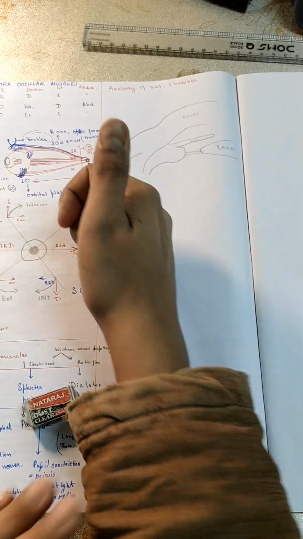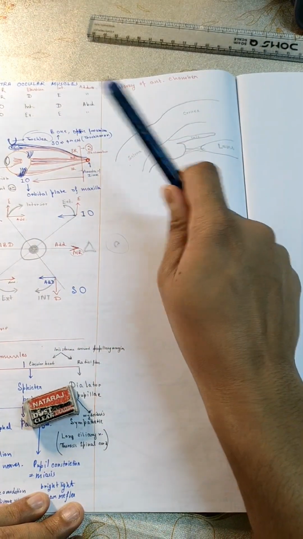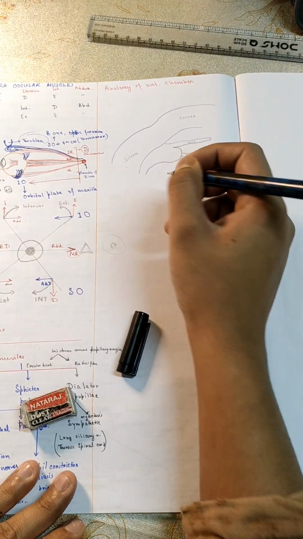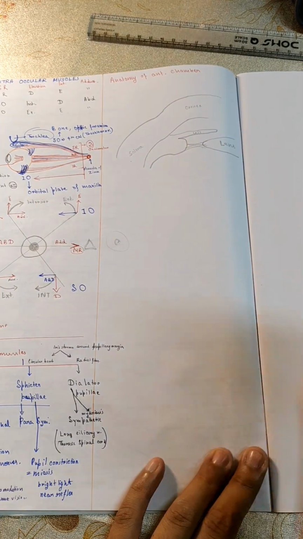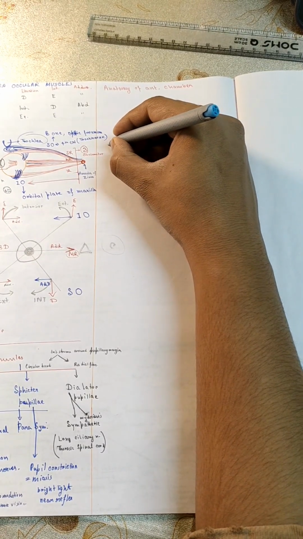Now what we have here is, let's make the picture complete. So we have what here? We have an episcleral vein.